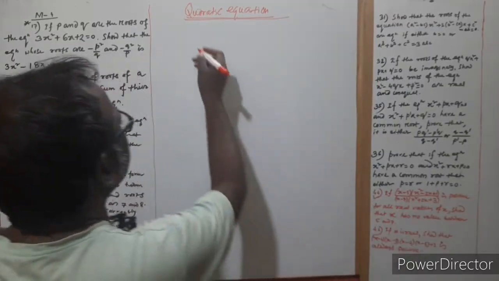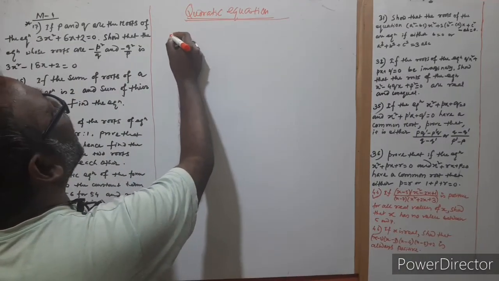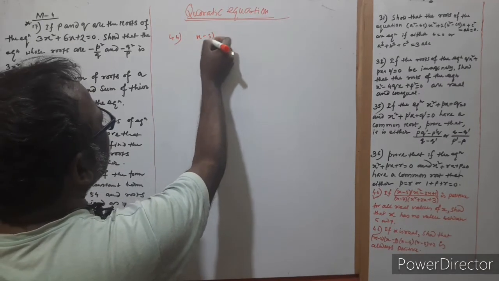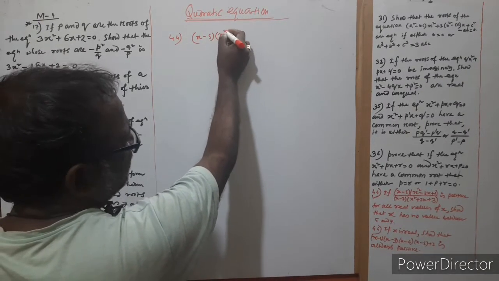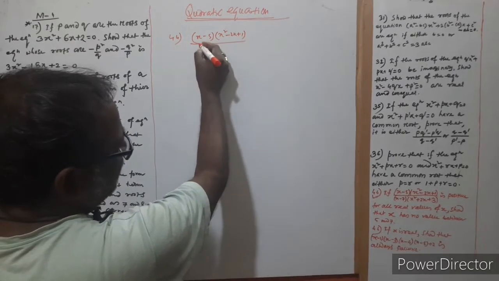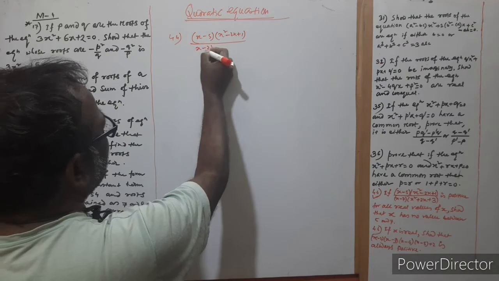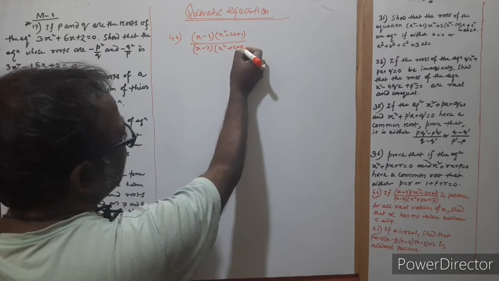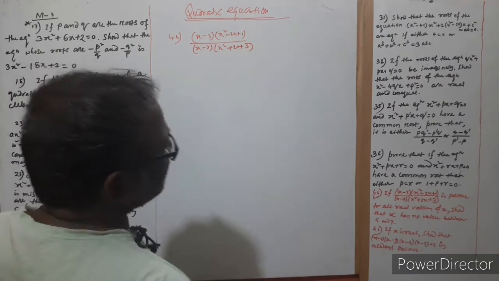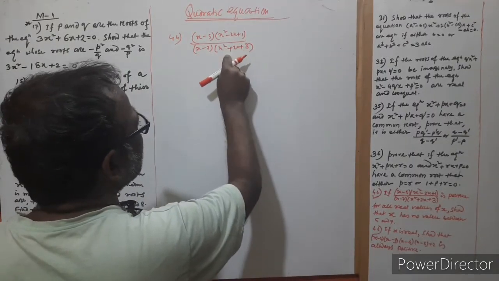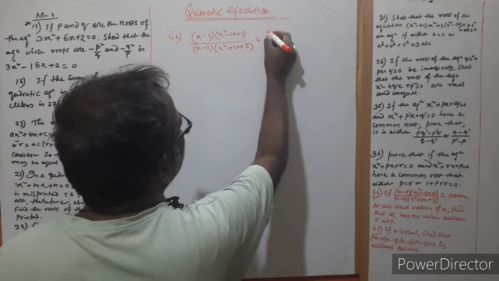Now we write this expression: (x minus 5) times (x square minus 2x plus 1), and here (x minus 7) times (x square plus 2x plus 3), and this expression is positive. Now see these two parts clearly.